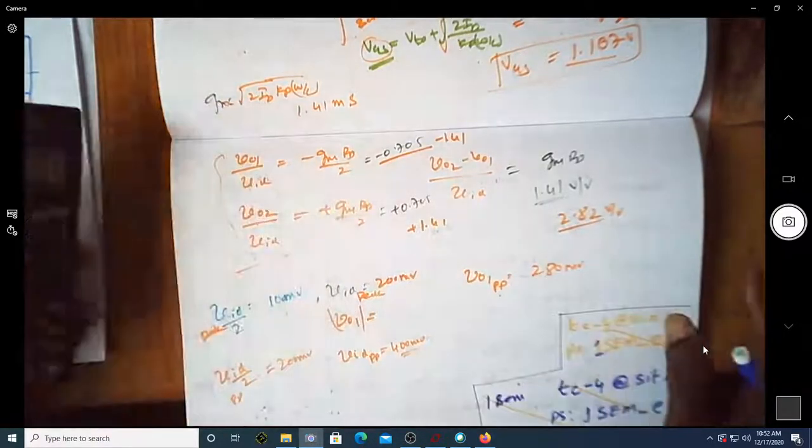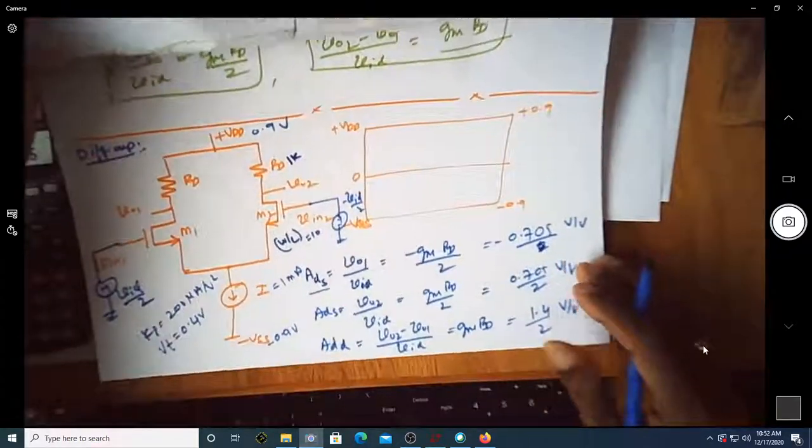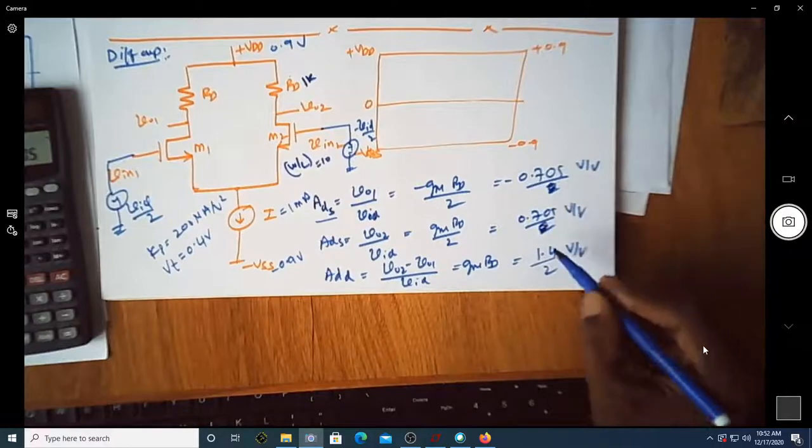Okay, the gain is 0.7. It's minus 0.7 here and 0.7 here.